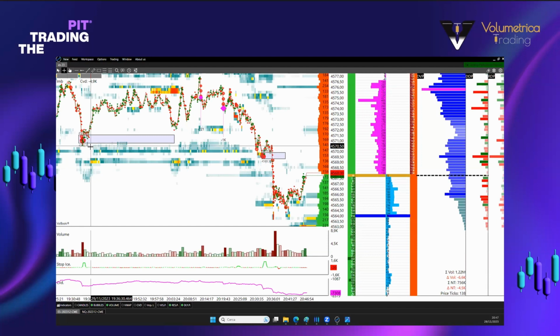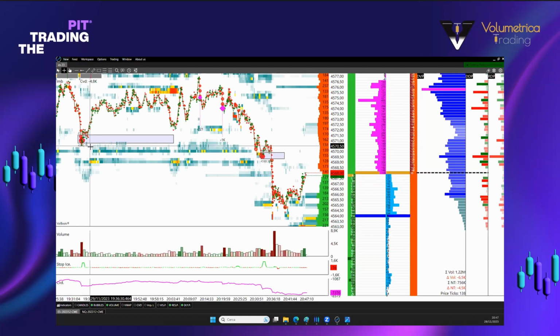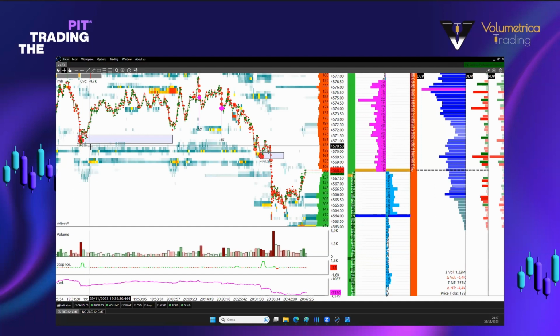And even if you get stopped out, your stop loss is going to be really tight. And if the market then takes off from that iceberg, you can have a very interesting risk to reward ratio. Personally, that's more aggressive. I prefer being a little bit more conservative, even if sometimes I might miss the move.